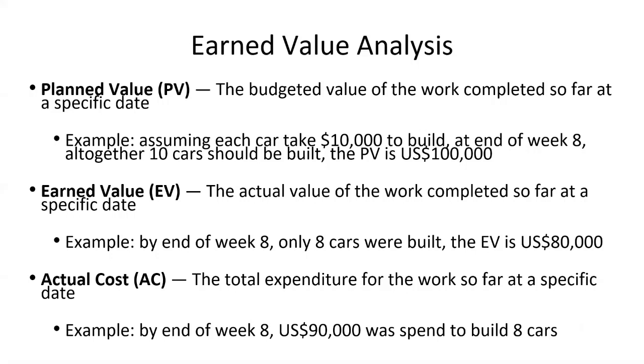Instead of $80,000, we were able to build it for $90,000. So these are the 3 key terms that you need to remember: planned value, earned value, actual cost. Planned value is the planned amount, the budgeted amount at that point. Earned value is the amount of value earned till that point. And actual cost is the amount of money actually spent till that point.